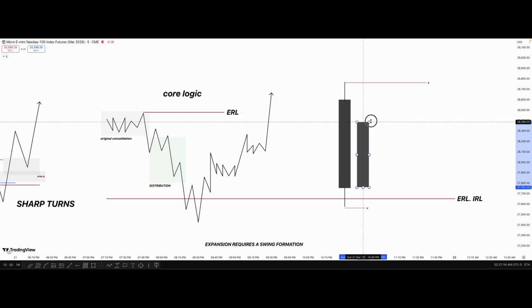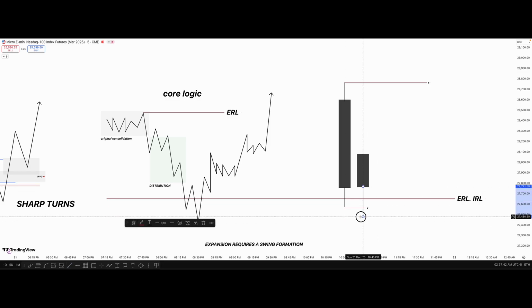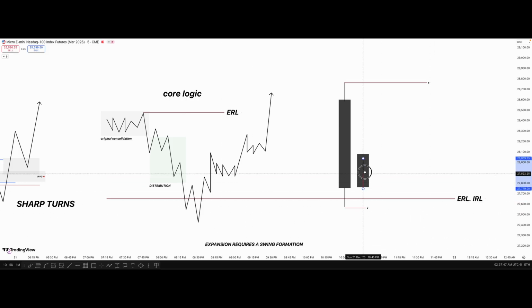And then it will expand higher, something like this, creating a wick like this.